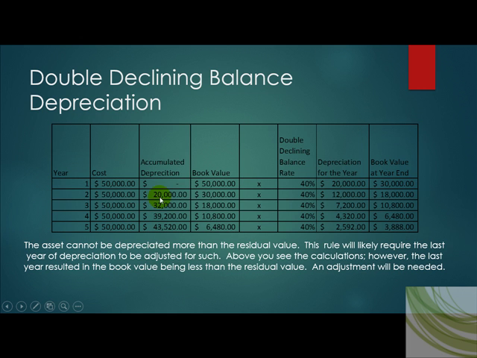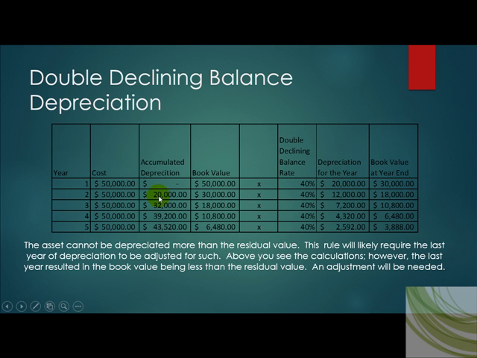Here's a chart. In the first year, we start off with a $50,000 cost. The book value is $50,000. We will multiply that by the 40% double declining balance rate. The depreciation for the year is $20,000. The book value at the end of the year is $30,000.